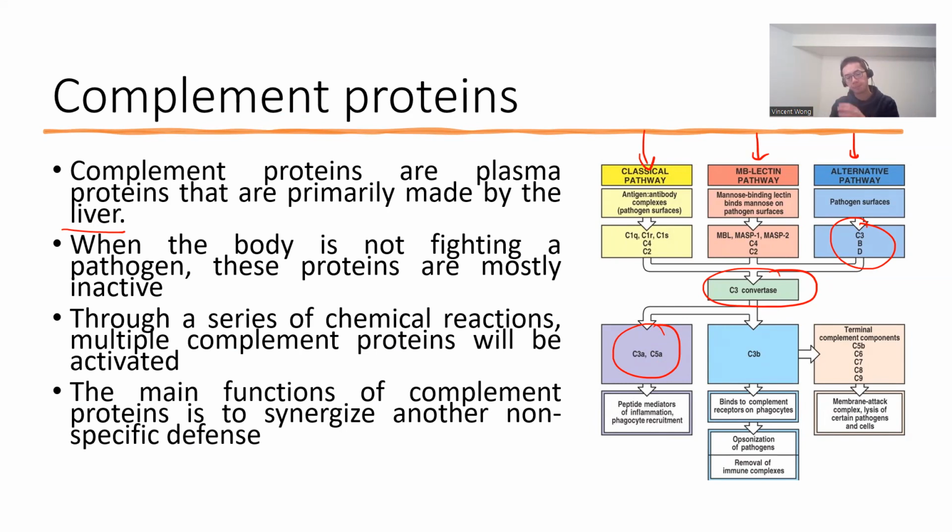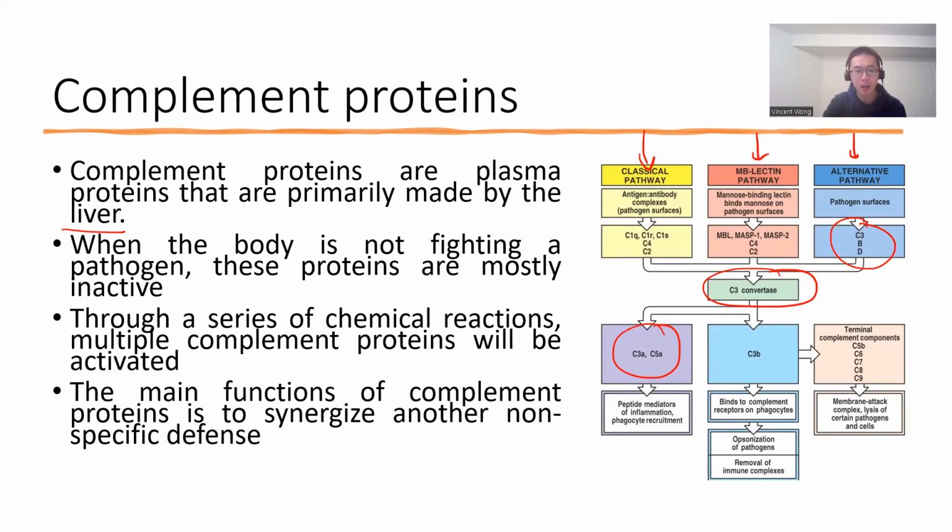Remember those coagulation pathway that we talked about, the prothrombin and the fibrinogen. It's kind of like that, right? Where the activation of one thing, it's going to lead to the activation of the next. Okay, so through a series of chemical reactions, multiple complement proteins will be activated.